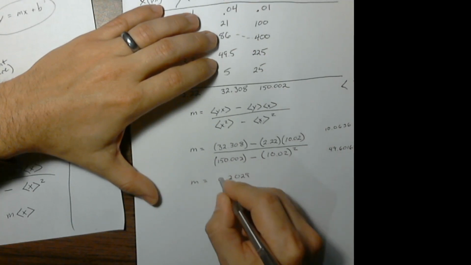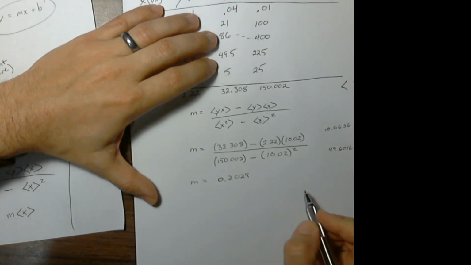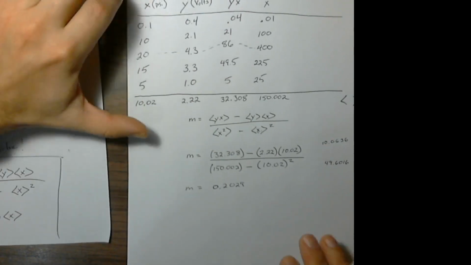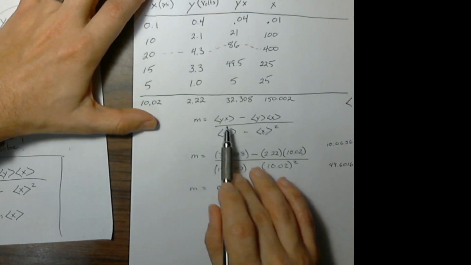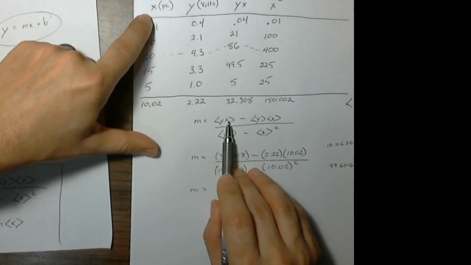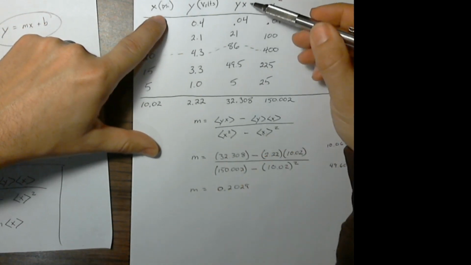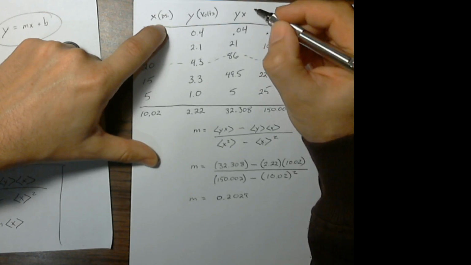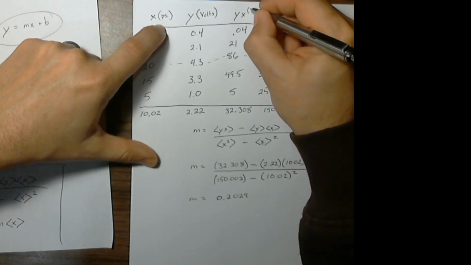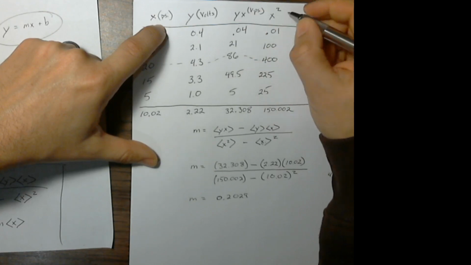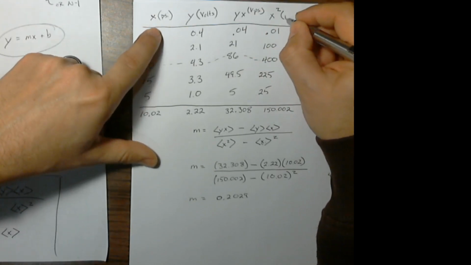Now what are the units on m? So there's my number. What does it mean? What does that tell me? Now let's give it physical relevance. Let's look at the units of this equation. Y has units of volts, x has units of psi. So then xy has units of volts times psi, and x squared has units of psi squared.